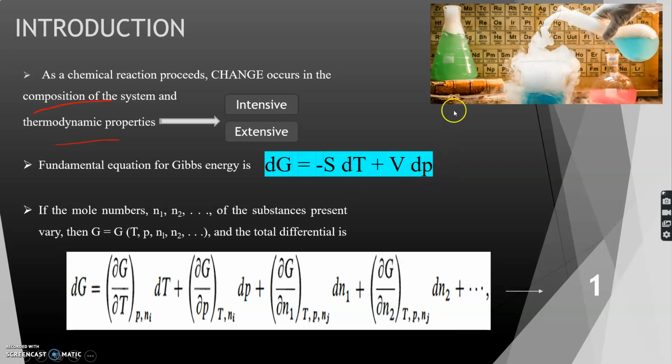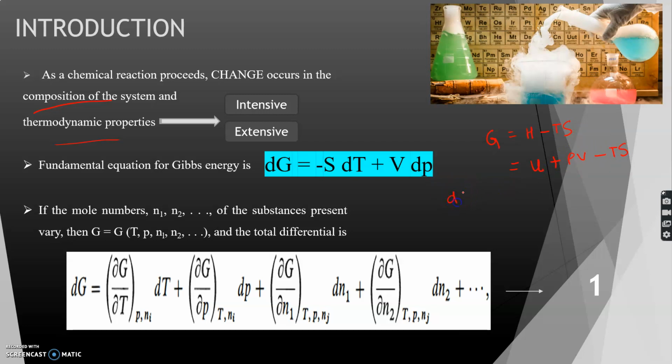How does this equation come into being? We know that G is equal to H minus TS. This H, enthalpy, can be written as internal energy plus PV, and you repeat this term minus TS.